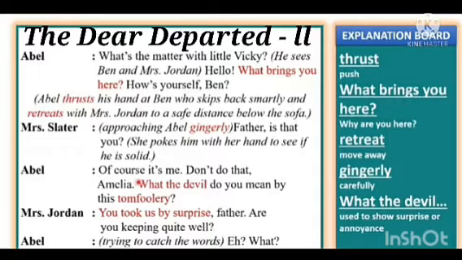I mean, why are you running down, little Vicky? And he also asks, "Why are you here?" So he points out Ben and Jordan and asks, "How's yourself, Ben?"